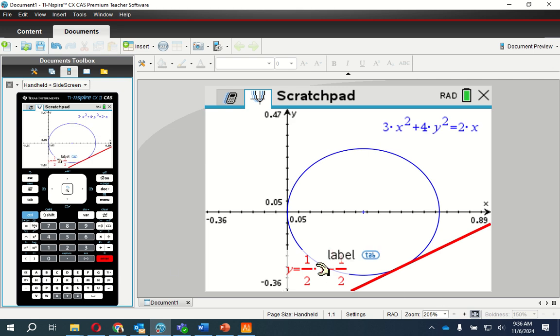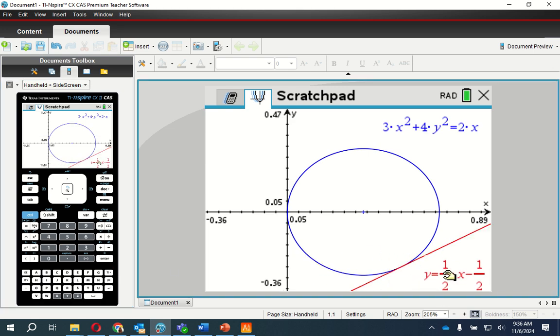There we go. Now, from our definition of a tangent line, what does a tangent line do? It touches at one point, especially when we're talking about an ellipse, a circle. It touches only on one point on the curve, and so that's what that does right there.